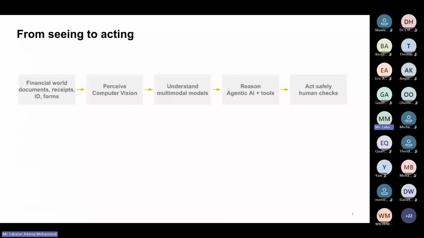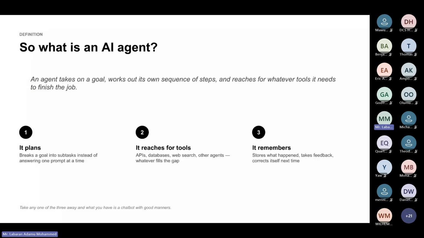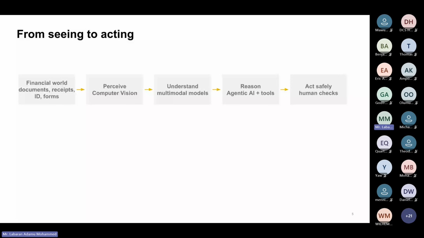So we talked about what an agent is. In the morning, my colleague, Professor Apati, gave an example. Computer vision helps you see the world, and the AI agent helps you act on what you've seen. For example, a blind person takes a picture of a receipt for a payment they've made, and the computer vision scans it.